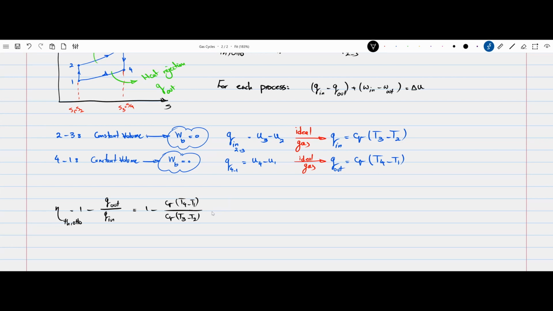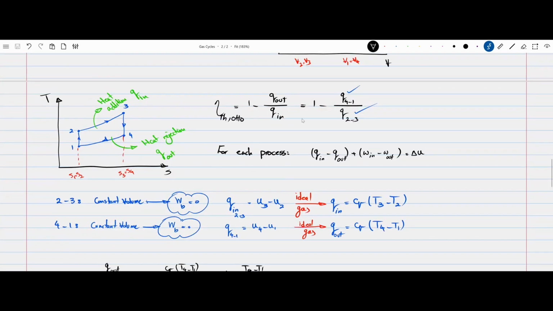CVs cancel each other, and you end up with 1 minus (T4 minus T1) over (T3 minus T2). Okay, so let's keep it here for the time being. And let's now focus on the other two processes that we kind of neglected. Processes 1 to 2 and 3 to 4.